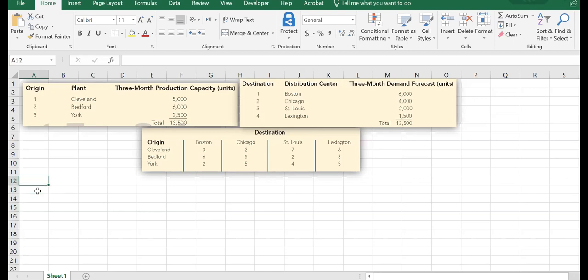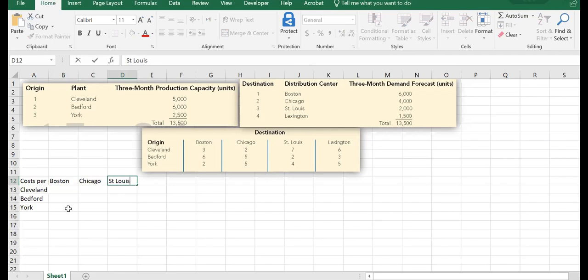So let me write down the cost per unit, and then we have Cleveland, Bedford, York, Boston, and so on, with costs such as 7, 2, and 4, 6, 3, and 5.